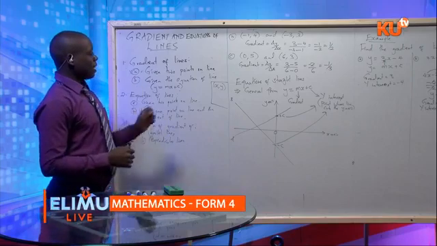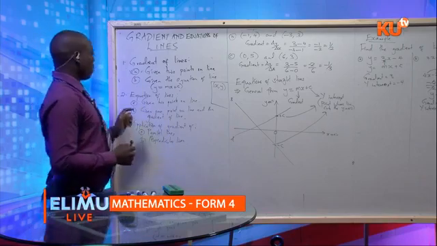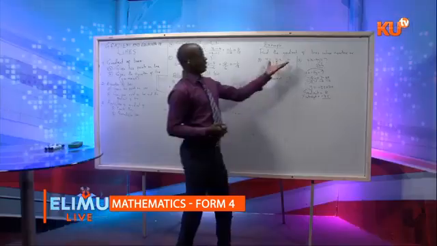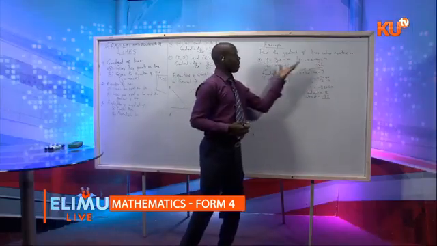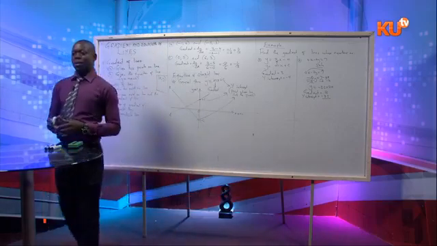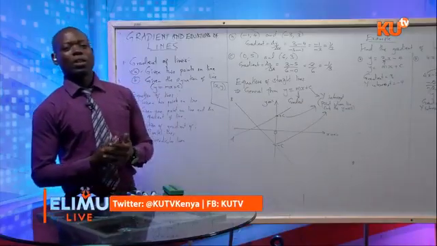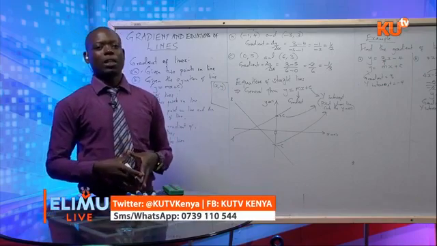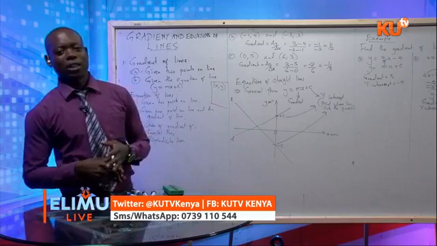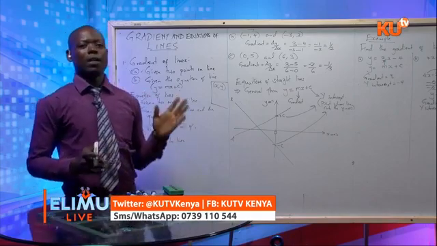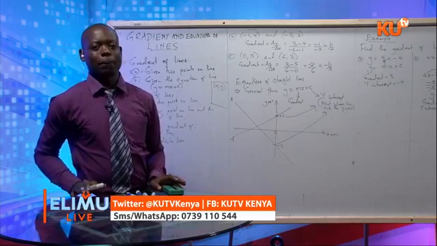The third part, as component number 2, is now, how do we get to these equations? I've only given you the equation, but you may not know how to get the equations. When you're determining the equations of straight lines, you may be given the gradient, or given 2 points on the line.